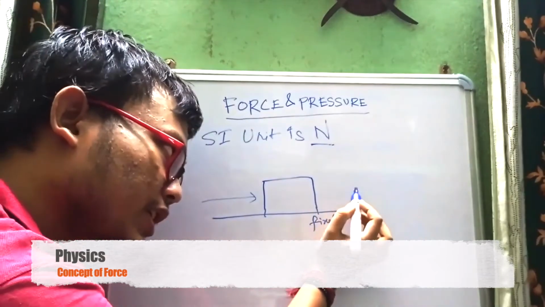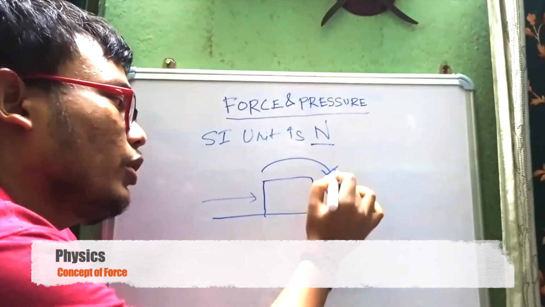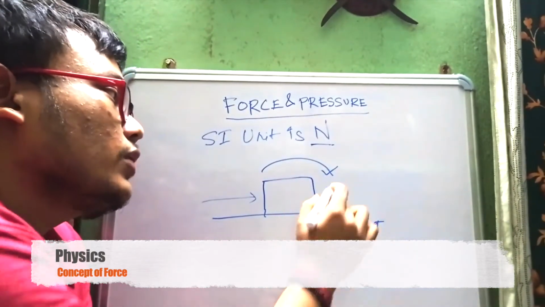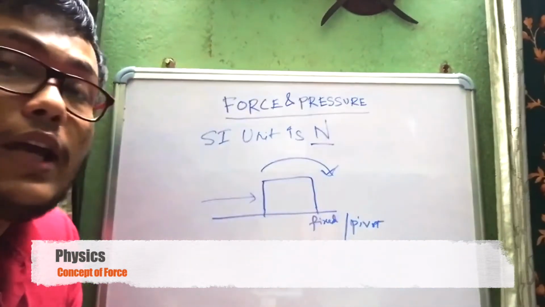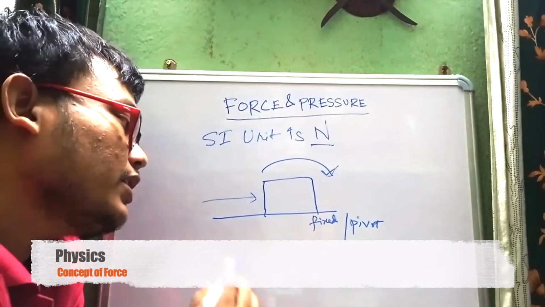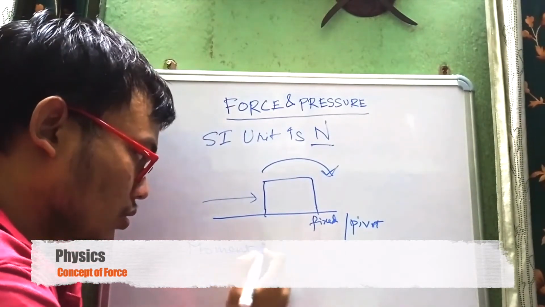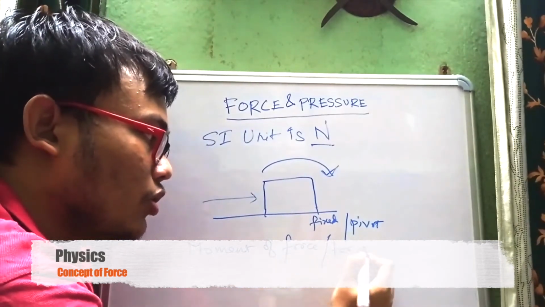It will not move in that direction, rather it will rotate about the fixed point, or the pivot. So it will not move in the direction of the force. This is known as the moment of force, or simply torque.